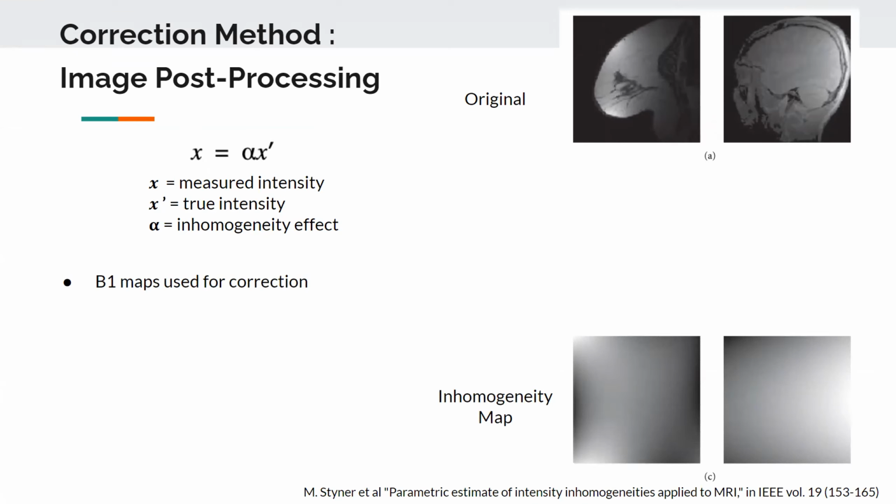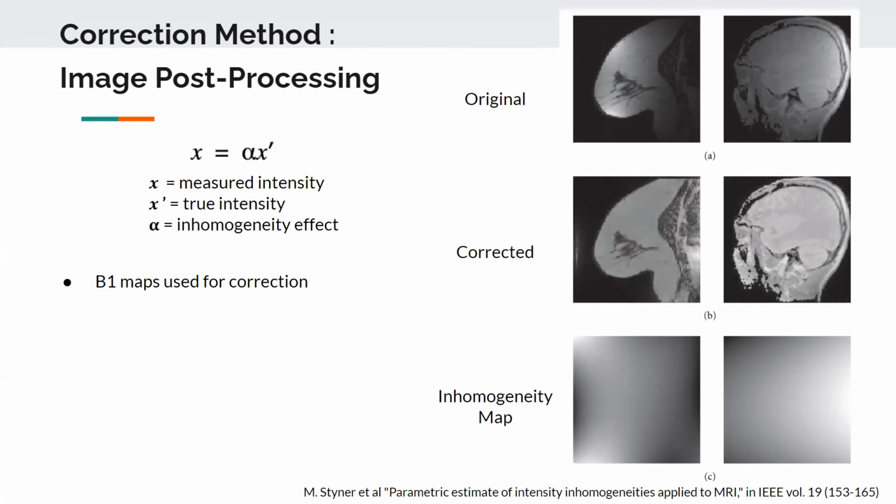The simplest way is by division into equation 1 for each pixel, so that the measured intensity now equals the true intensity. The output of that is shown in figure B, where you see the corrected image, and the inhomogeneity is no longer visible.